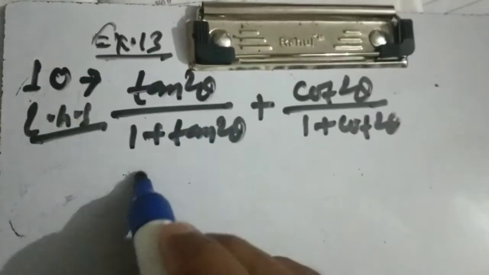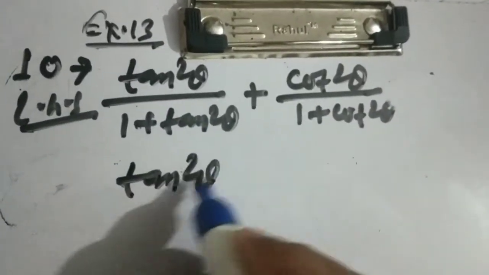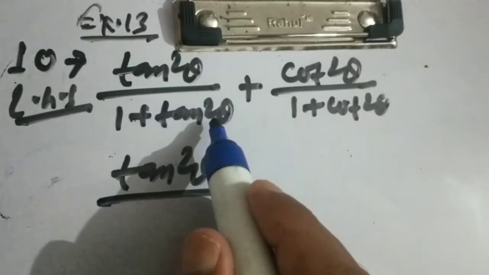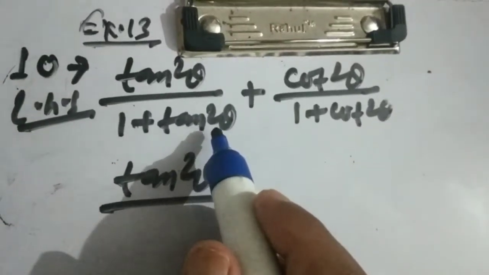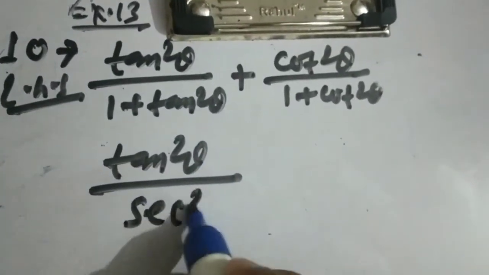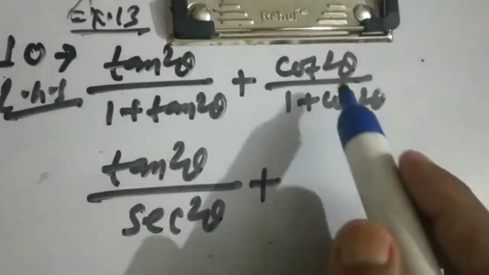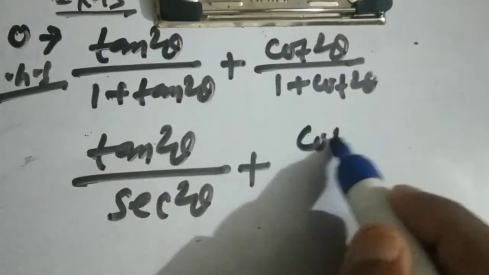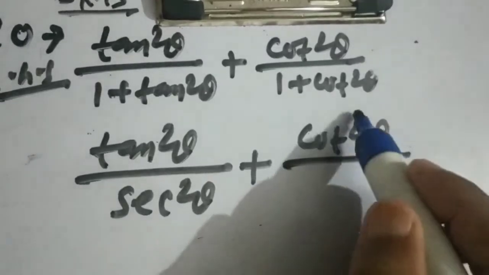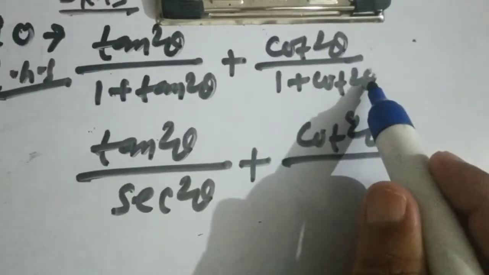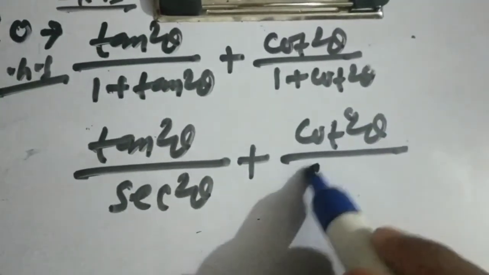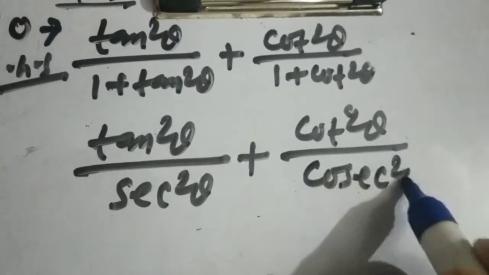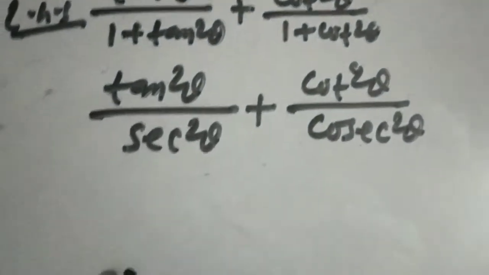So tan square theta upon 1 plus tan square theta is an identity, which is equal to sec square theta, plus cot square theta upon 1 plus cot square theta is equal to cosec square theta. So write it as cosec square theta.